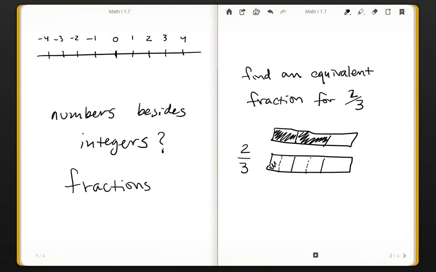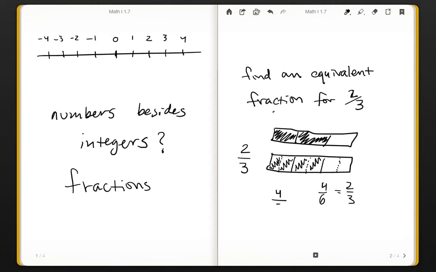Now, if these were all still colored in, I'd have 1, 2, 3, 4. Make sure you don't forget to split this last part. Also, split all of them evenly. But you'd have 1, 2, 3, 4, 5, 6 parts in whole, and 4 of them that are colored in. So that's 4/6. Okay, so 2/3 is equal to 4/6.